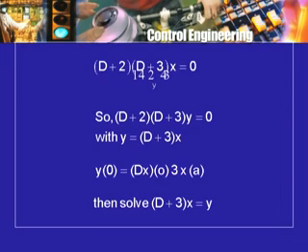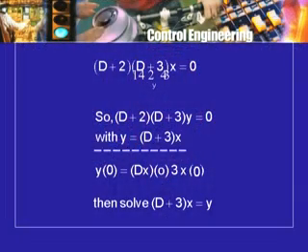Now of course I didn't know x, I wanted to find x, but I don't know y also. So what's the difference? The difference is now this y satisfies a first order homogeneous differential equation, and we already learned how to solve it.